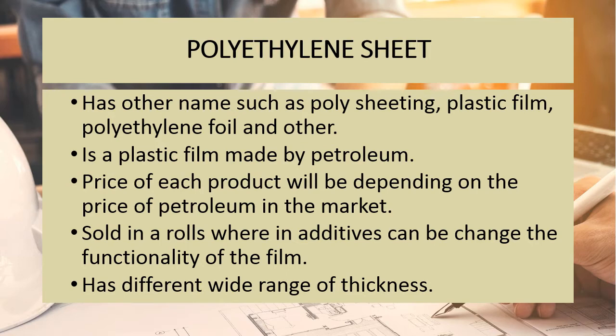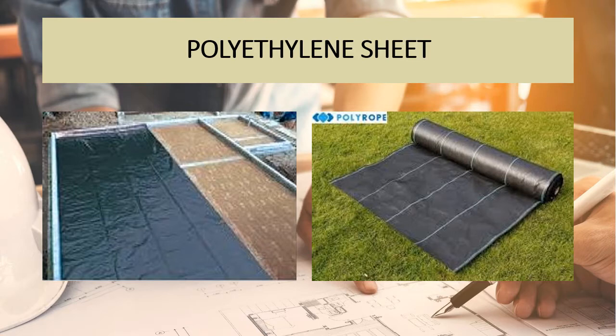Polyethylene sheets are sold in a roll, where additives can change the functionality of the film, and it has a wide range of thicknesses. The thicker the sheet is, the stronger it is. This is the photo of polyethylene sheet.